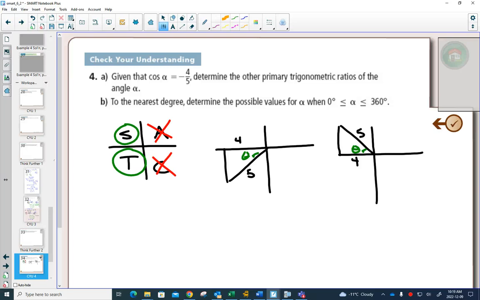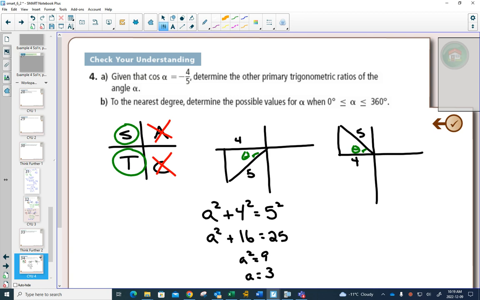Yes. a squared plus b squared equals c squared. The hypotenuse is c, so that would be your 5. Subtract 16 on both sides. Now when you square root, you should get plus or minus 3, but because we're talking about a length of the triangle, we're going to just label it as 3.